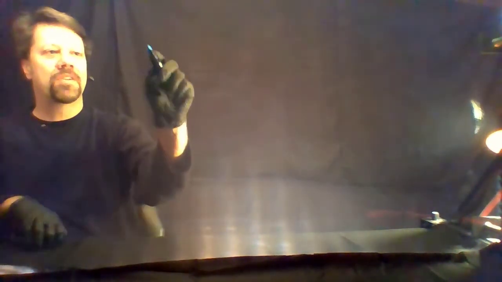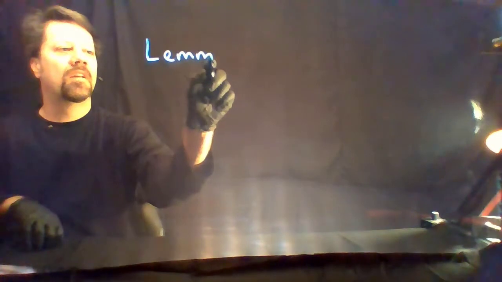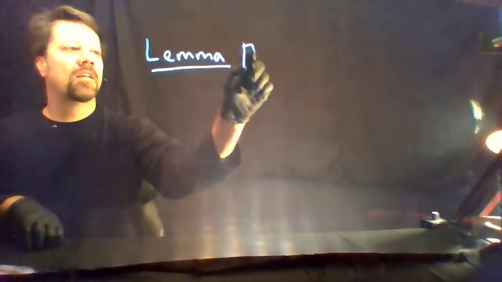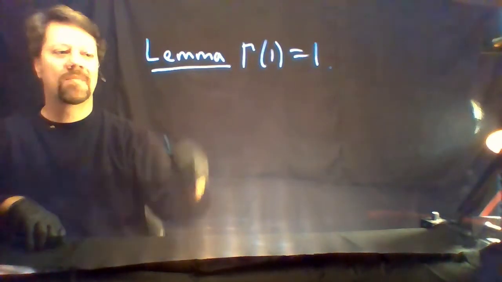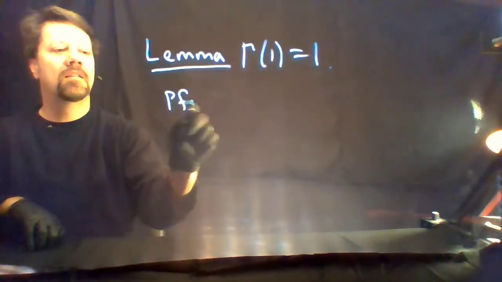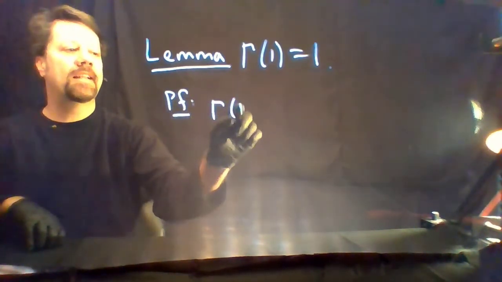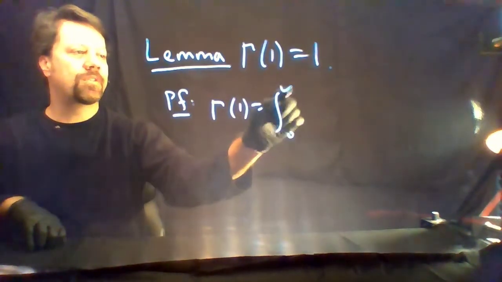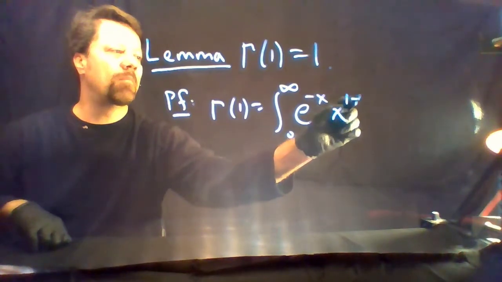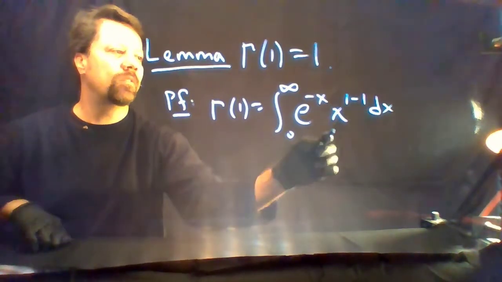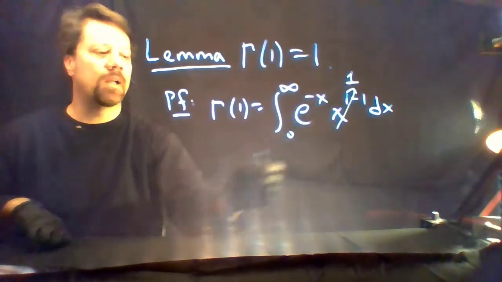We have also to show that gamma of 1 is equal to 1. In proving this, note that gamma of 1 is the integral from 0 to infinity of e to the minus x, x to the power 1 minus 1, which makes this just 1.